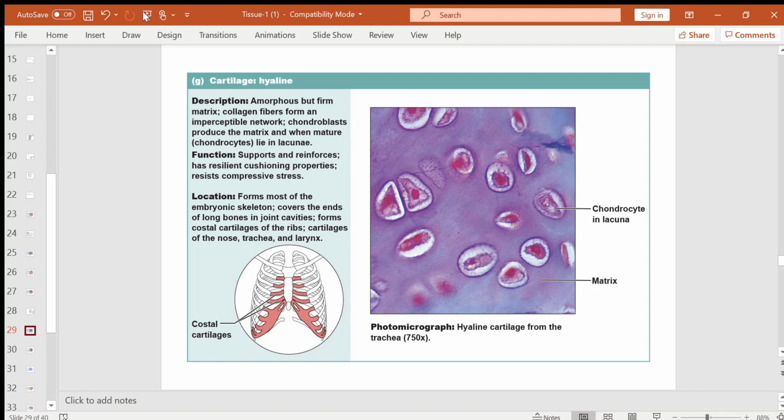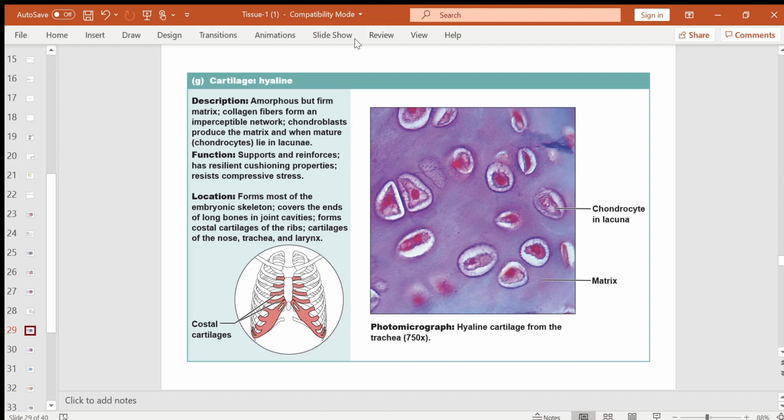Also I mentioned where you will find the fibrocartilage and elastic cartilage. So in the next few slides I'll show you how they look under the microscope.